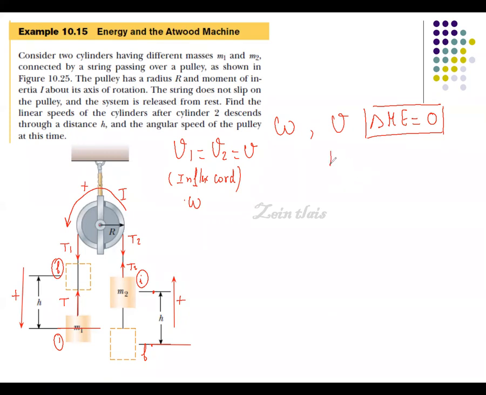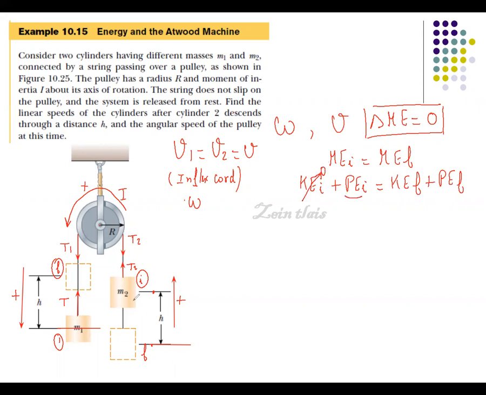So we can say mechanical energy initial equals mechanical energy final. Kinetic initial plus potential initial equals kinetic final plus potential final. Initially the system was at rest, so the kinetic initial equals 0.